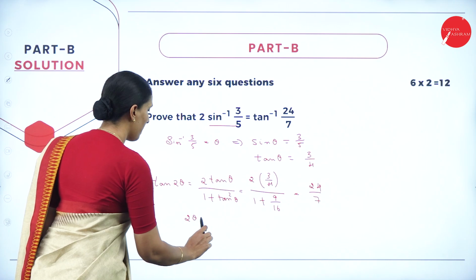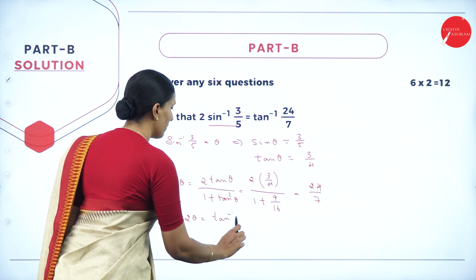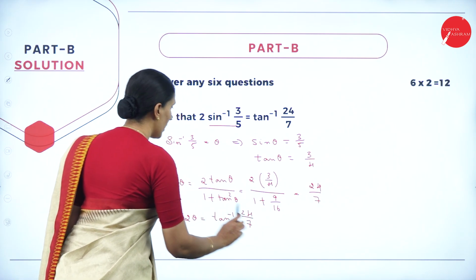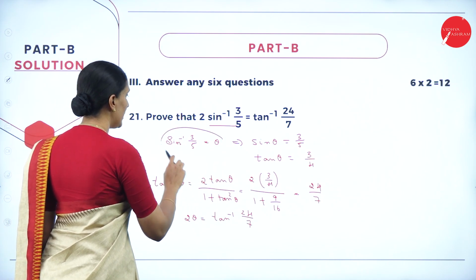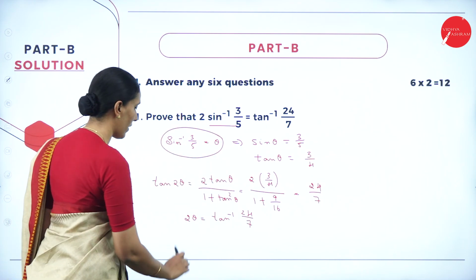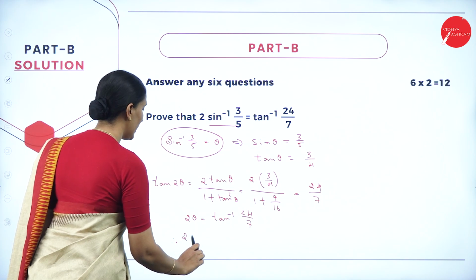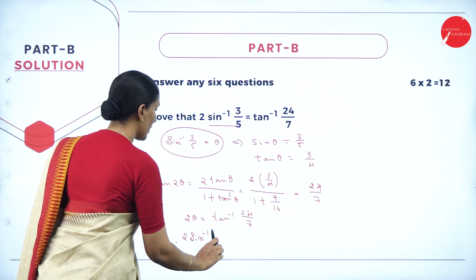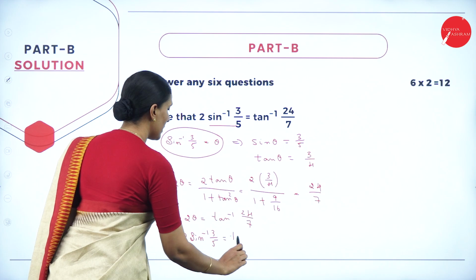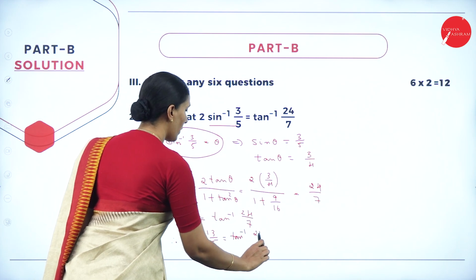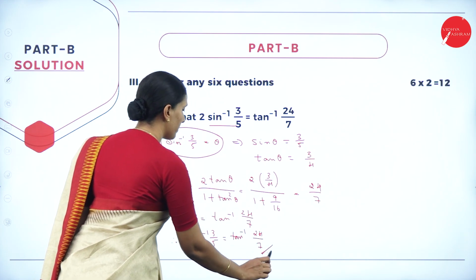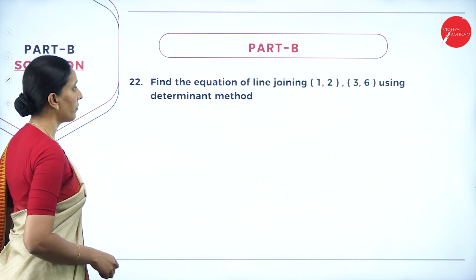So 2 theta is equal to tan inverse 24 by 7. Initially, we have taken theta as sin inverse 3 by 5. So therefore, instead of theta, I can write 2 sin inverse 3 by 5 is equal to tan inverse 24 divided by 7.